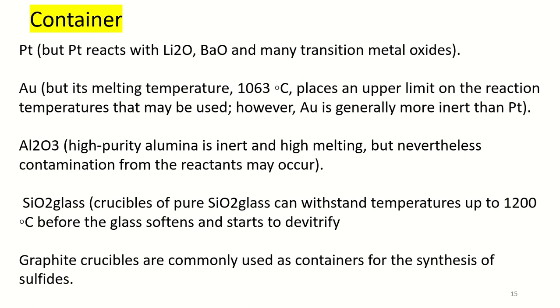So these are the different containers that may be used after the mixing of reactants, and we have to use them carefully, because different containers have different reactivity or inertness towards different reaction mixtures. It is very important to choose the correct container for the correct reaction mixture.